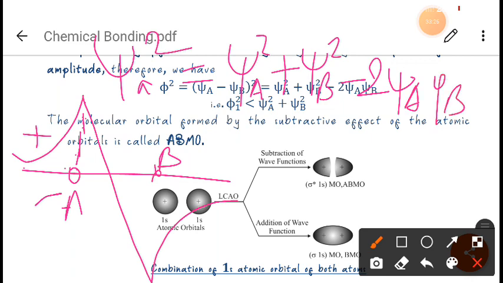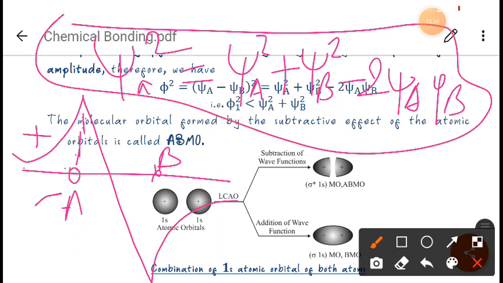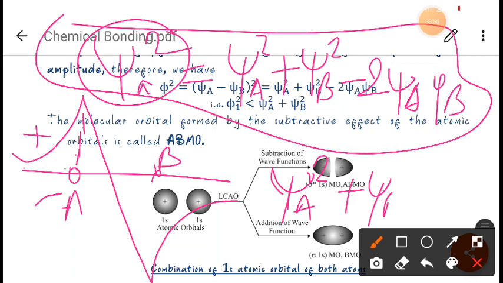Now from the above equation, it became clear that the charge density of an antibonding molecular orbital is less than the sum of the charge densities of the two isolated atoms, which is psi a square plus psi b square.